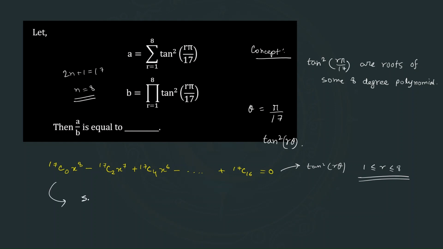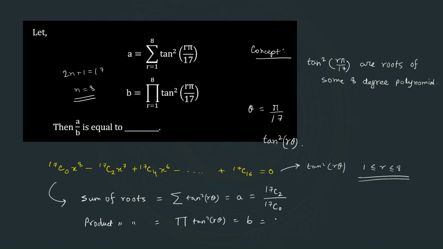So we can find the sum of roots, which is equal to summation tan square r theta. So this is according to the question equal to a. So a will be minus this, minus 17C2, so 17C2 divided by 17C0, and product of roots, the product of tan square r theta, which is equal to b, which is equal to this constant term divided by this coefficient of x to the power 8.